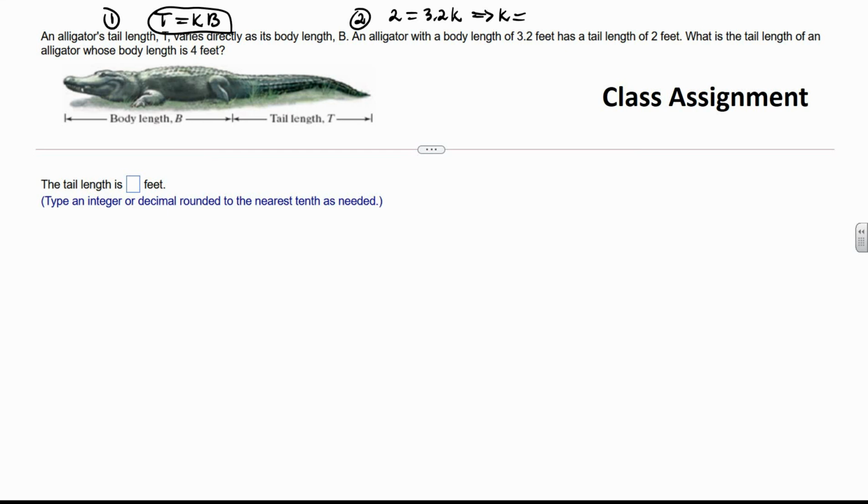So I get 0.625. So now, step number 3, I have t is equal to 0.625 times b.